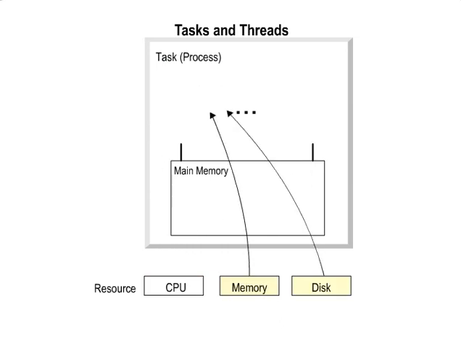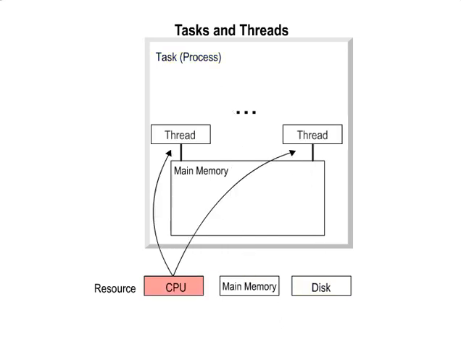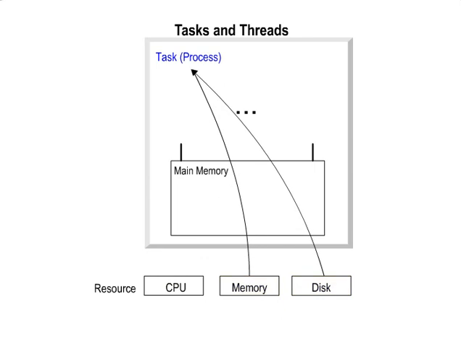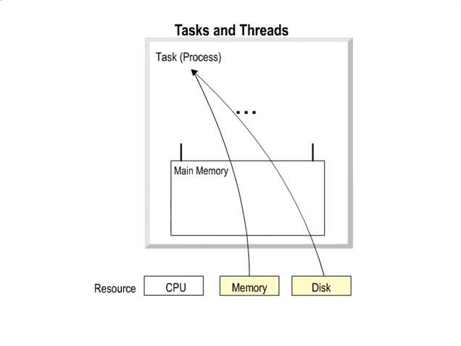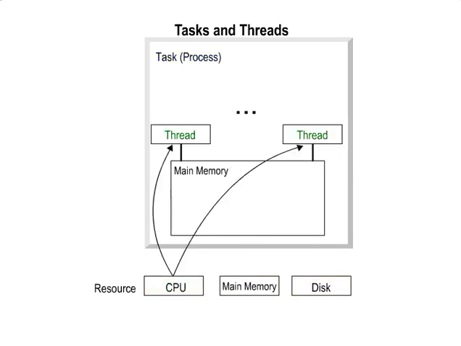Not all of the OSs can support the thread function. In OSs with thread, CPU is allocated on a thread basis, and memory and disks are allocated on a task basis.